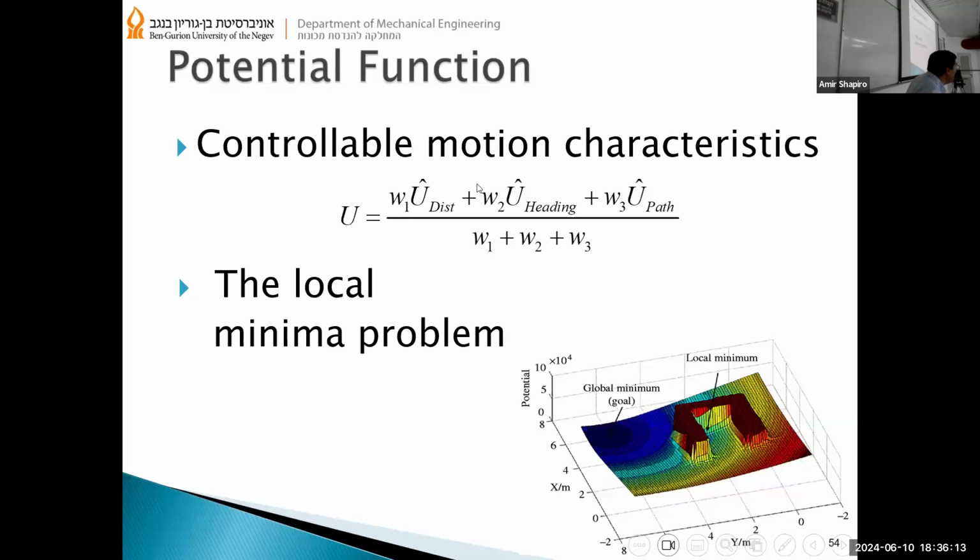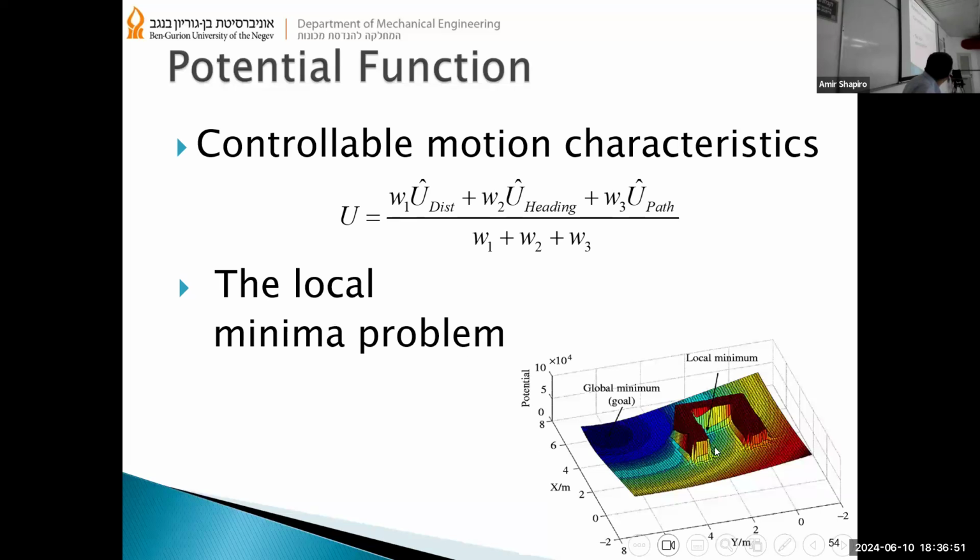One is to minimize the distance from the target. Second, there is the heading. We want the robot to walk towards the target, head first at the front. And another cost is the distance from the pre-planned path. And we may have some local minima problem.